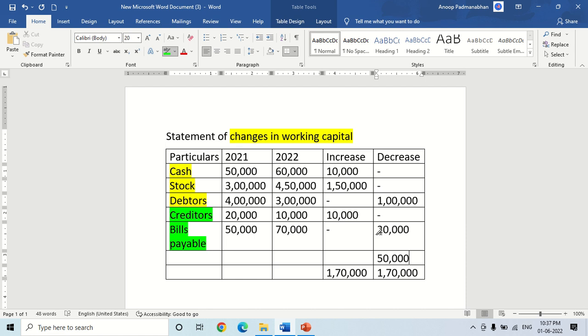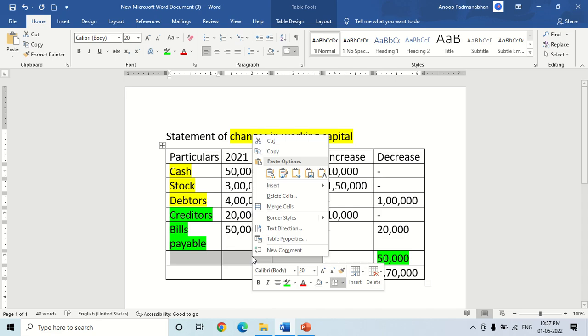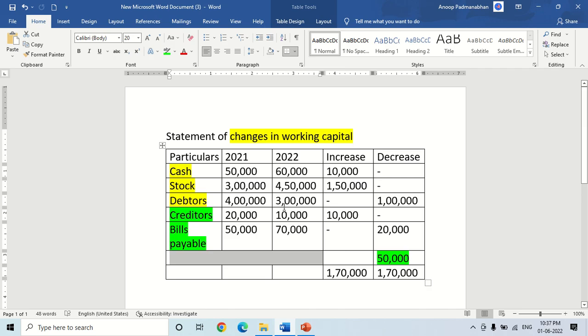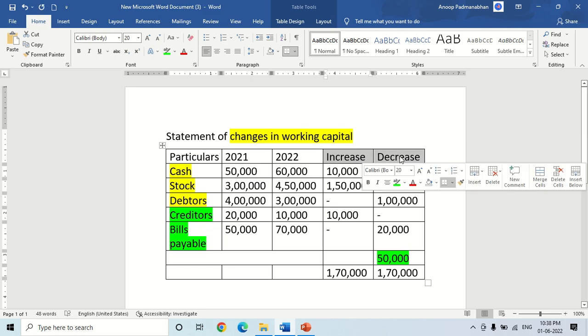So the balancing figure of 50,000 is happening in which column? The decrease column. When we have a balancing figure in the decrease column, what does it mean? You have excess amount in the increase column. The increase and decrease columns are actually showing your increase and decrease in working capital.